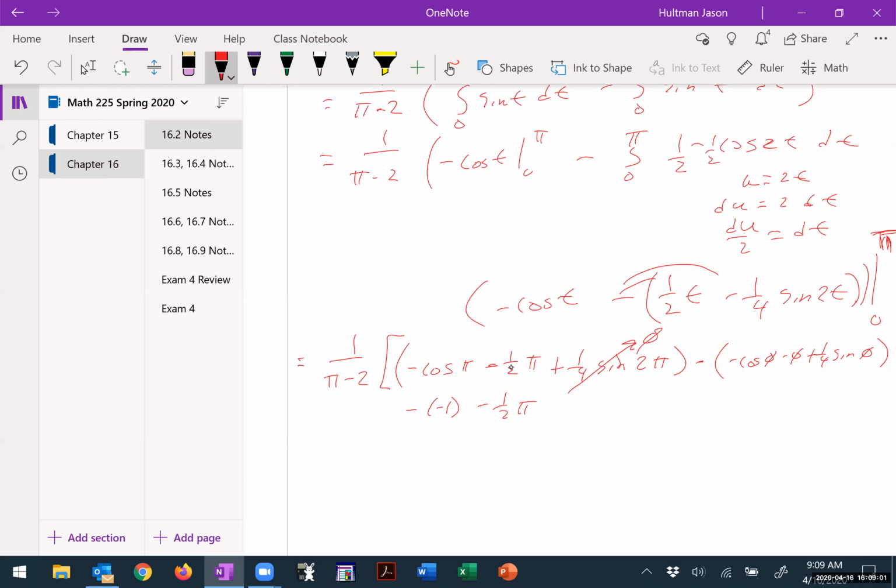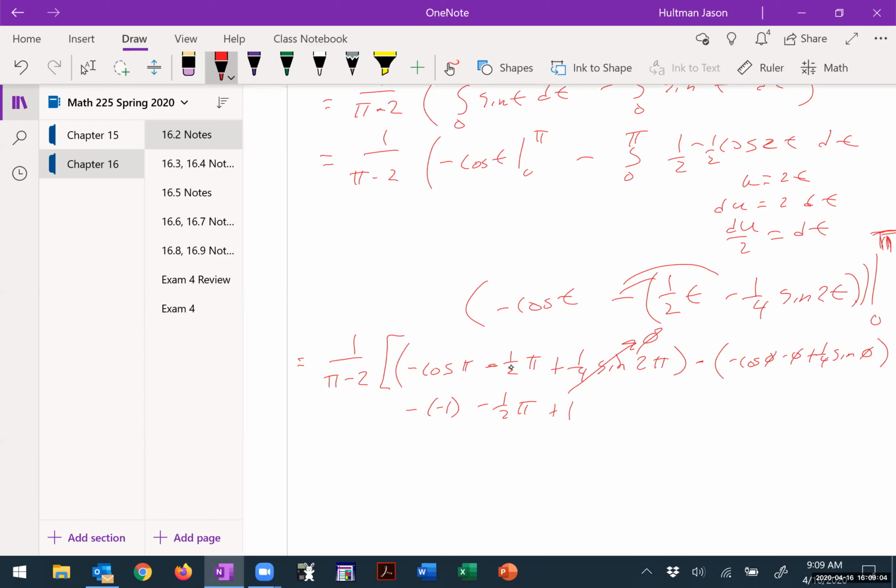So this is the negative of a negative of a 1, so that's positive 1. This is 0, and this is 0. Those go to 0. And so we are just left with 1 plus 1, which is 2. This is 2 minus 1/2 pi.